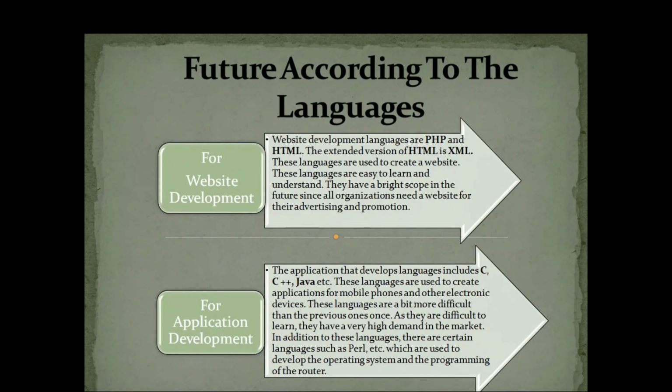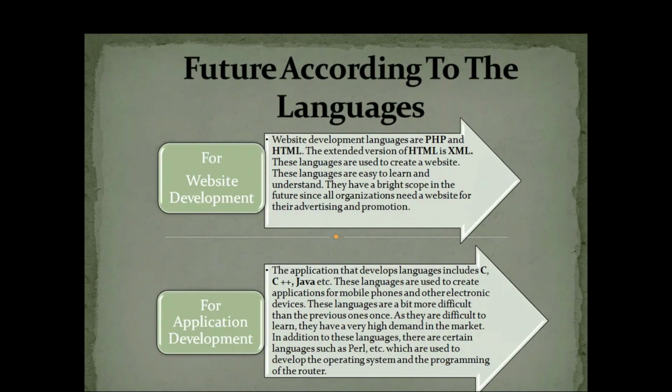So here we can see, for website development you can see PHP, HTML, XML. These are markup languages, and JavaScript is also one of the languages used for developing websites, and CSS is also used for giving the graphics in website development.